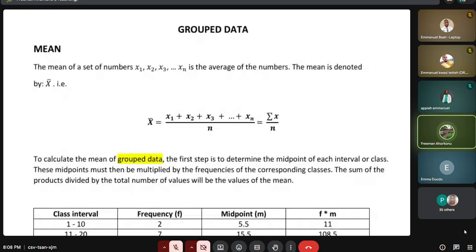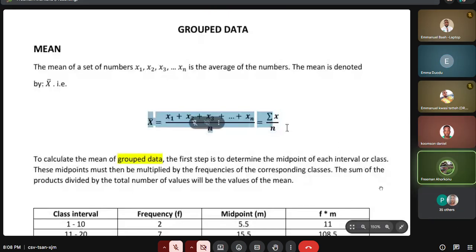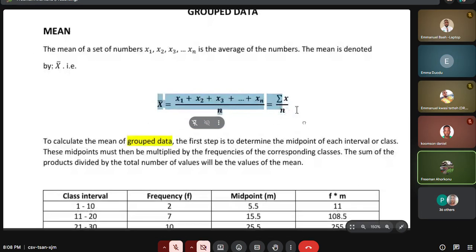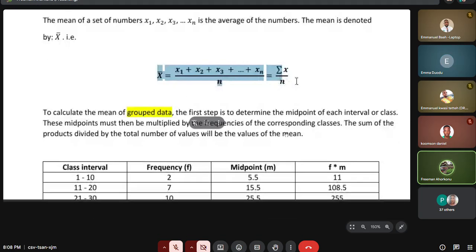So if you have a grouped data, or you have your data put into various groups, let me know if my voice is going down. I'm trying to use 2 devices so that if this one is disappointing, I'll quickly, in a matter of seconds, switch.